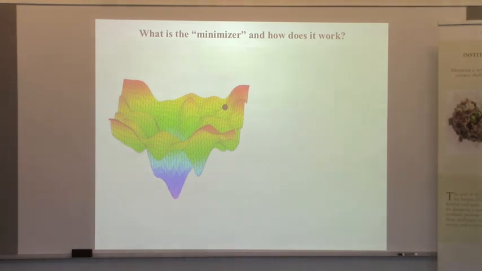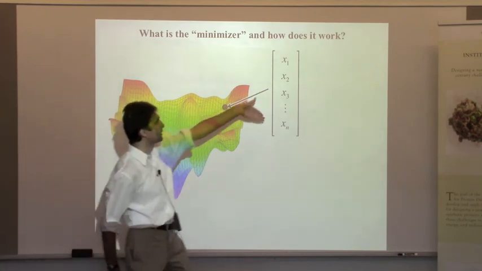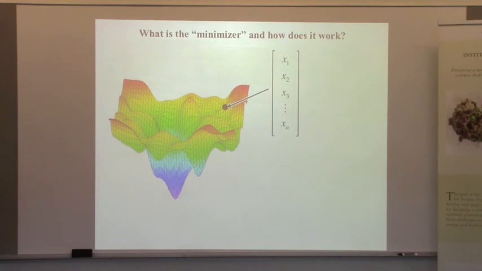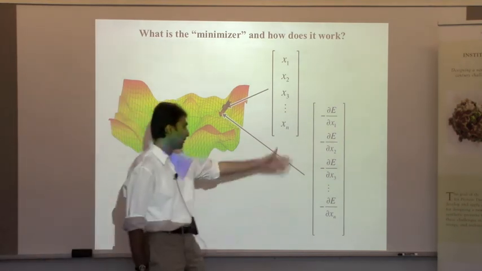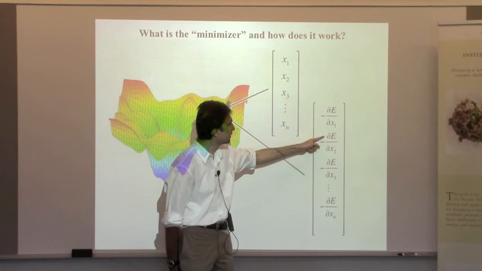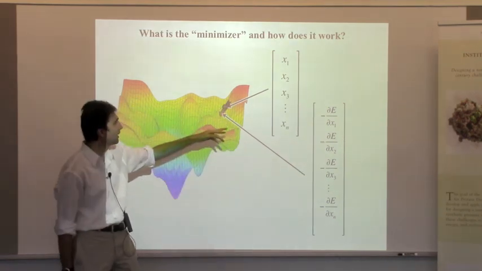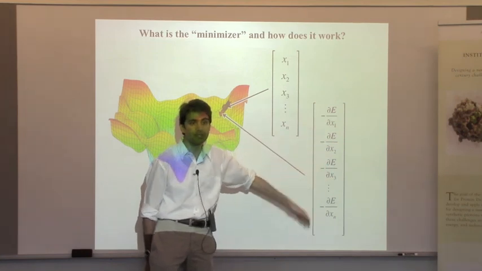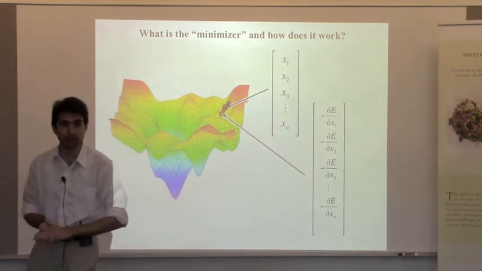Warning, there's a little bit of math on this slide. So this point in conformation space, remember, can be represented as a vector of numbers. We can calculate what's called the gradient. Actually, I'm calculating the negative of the gradient. The gradient is a vector of derivatives. And here I'm calculating the derivatives of the energy function with respect to each of the degrees of freedom of the system.